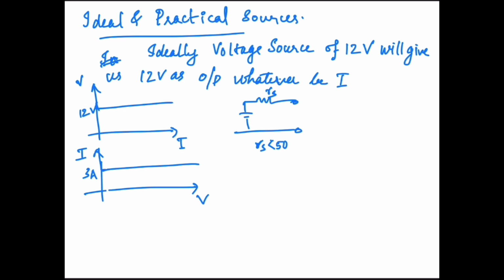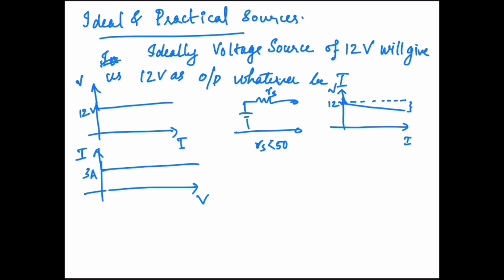As a result, our voltage source will not be a constant one, but there will be a decrease in value. So we don't get exactly 12 volt as current increases, because there is a resistance, and as a result the value we get in the output load will be different.